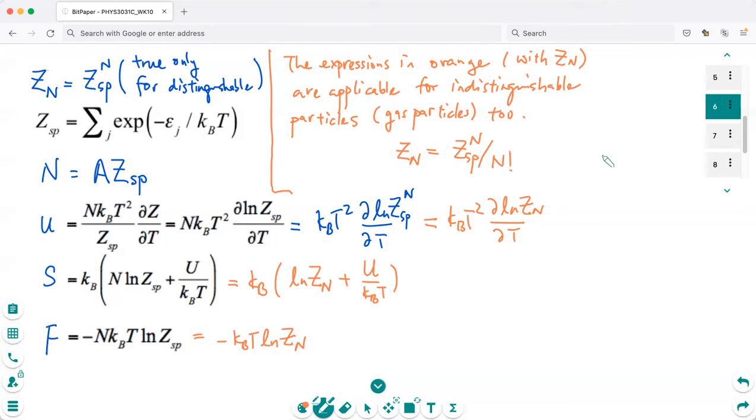To summarize, if you write the system partition function, the partition function for an assembly of particles, correctly, taking into account the correct n factorial factor, whether you have it or not, once you do it correctly, you will be able to just use the same formula to calculate all these thermodynamic functions of state.